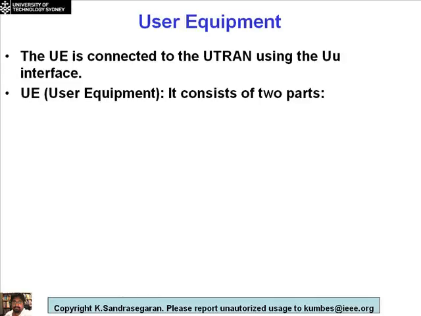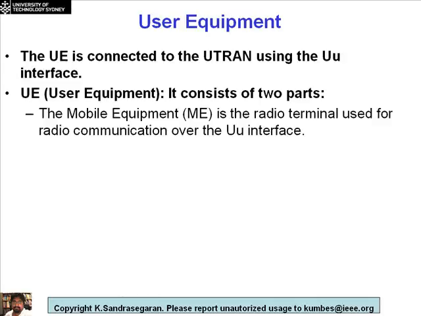So the user equipment consists of two parts. The first part is the mobile equipment, and the mobile equipment contains all the electronics, the hardware that is used to communicate with the Node B.